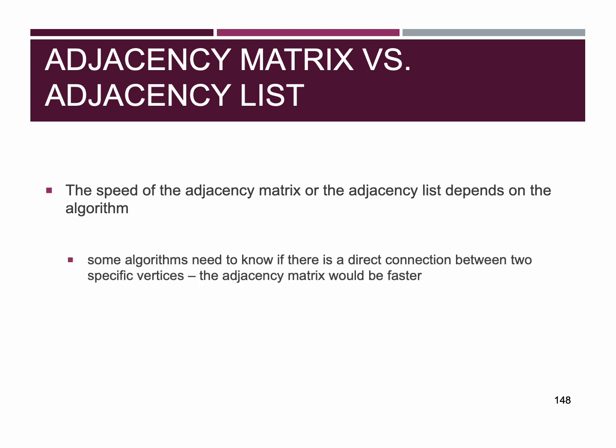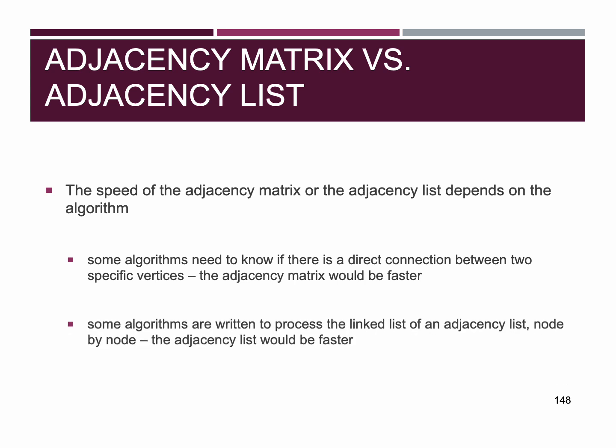So here we can say, what is the difference between matrix and list? The speed of the adjacency matrix or the adjacency list depends on the algorithm. Some algorithms need to know if there is a direct connection between two specific vertices. The adjacency matrix would be faster for that.